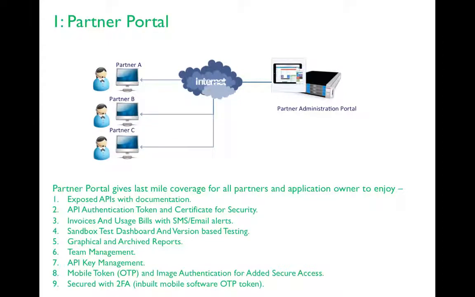Then key management at the API level. We are not saying that one key will be used for all the APIs. You can have very granular, micro control where each API has a different key. That level of control is given by Service Guard.